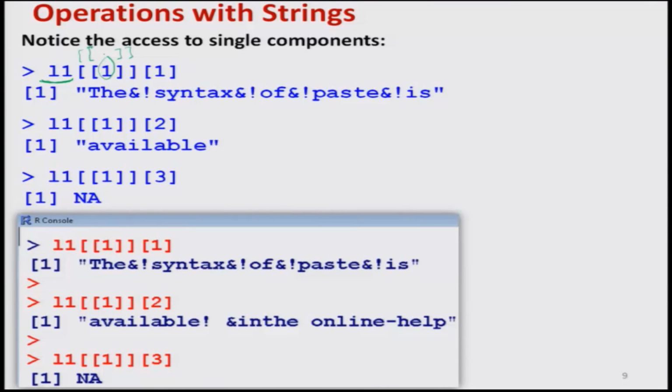I will show you again in the R console, and then I am calling the first element. So this is giving me the first element, and the first element was like this one.